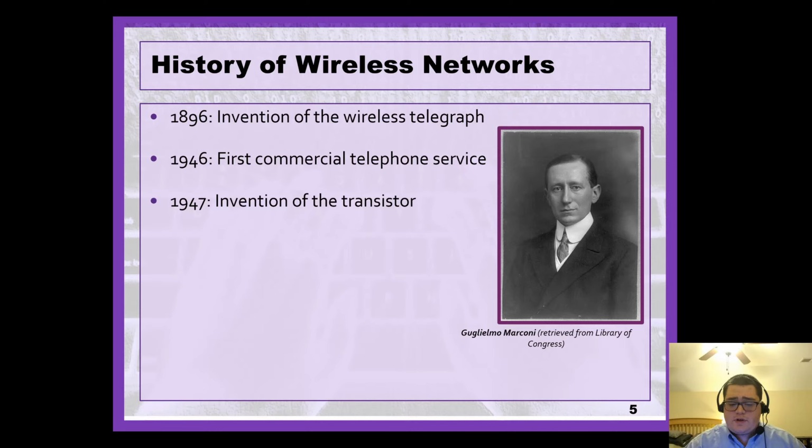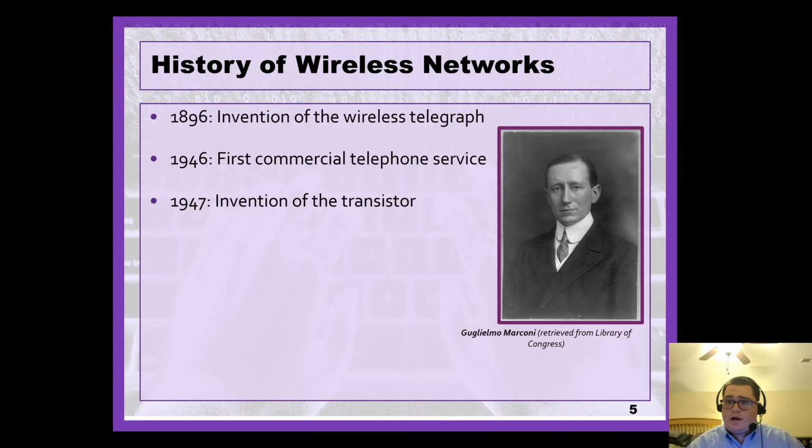And in 1947 came the invention of transistors, leading us to where we are today with wireless technology. The transistor allowed computing devices and technology devices to become significantly smaller in size over time.